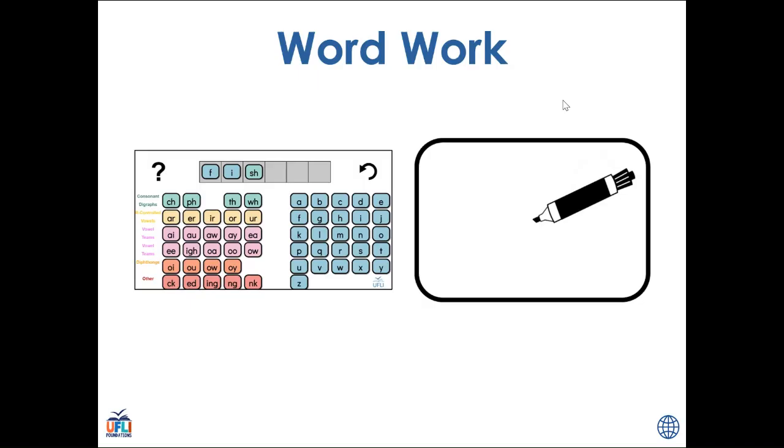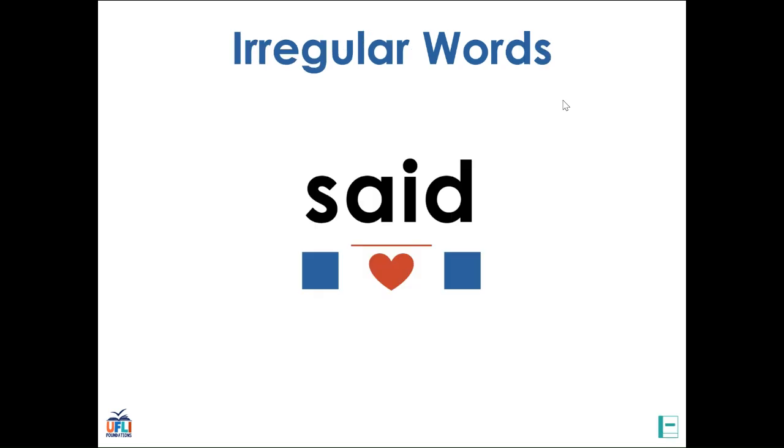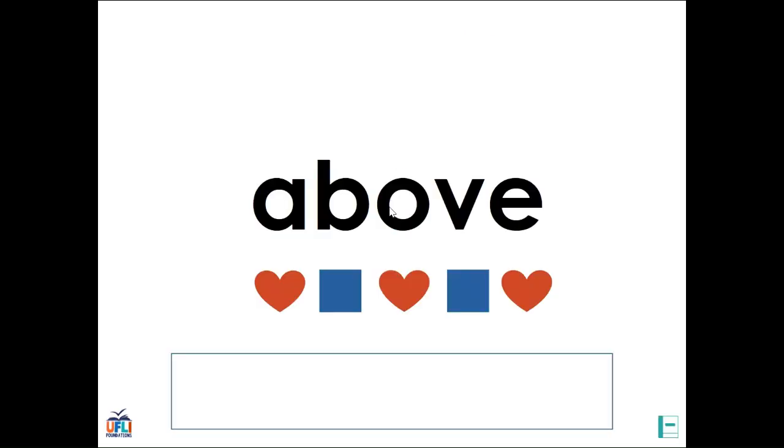All right, so moving on, we're going to practice some irregular words. So said, what makes it irregular is that AI should say "eye" and it says "eh." Above, so we have the E on the end, and the E is there because English words do not end in V. Above.